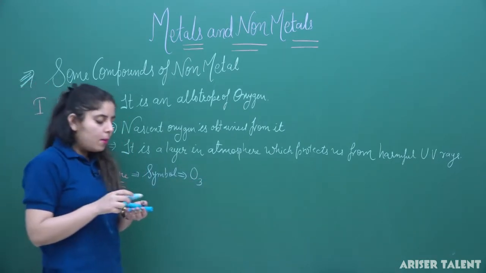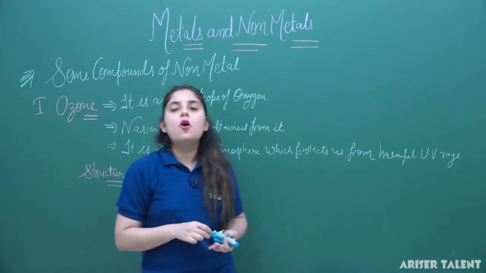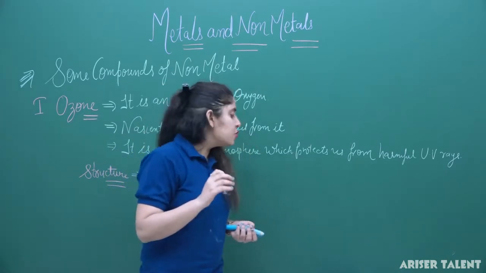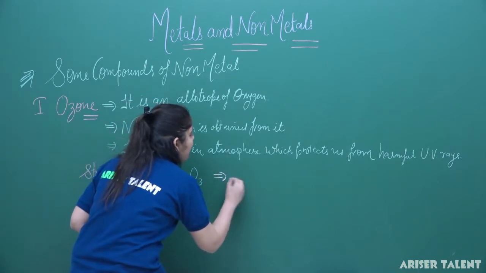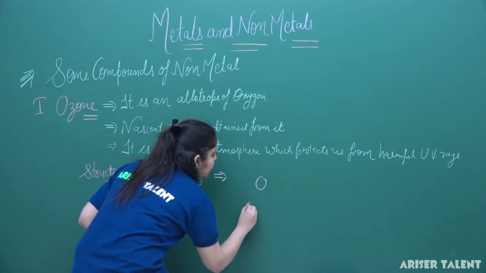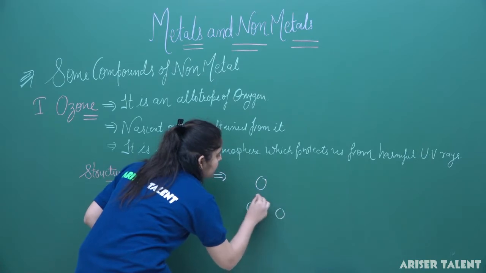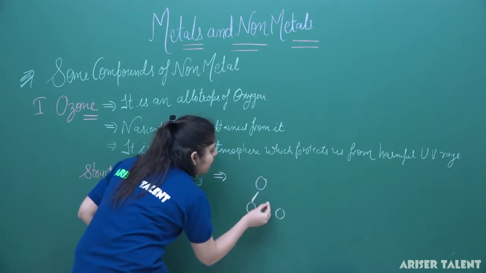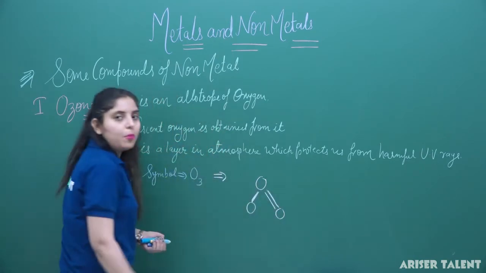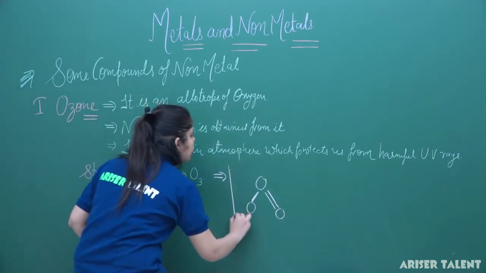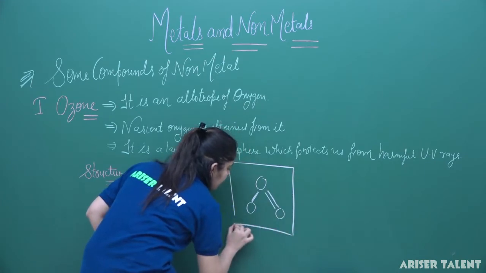It is formed by reacting or oxidizing oxygen: O2 plus O gives O3. Its basic structural formula has 3 oxygens, where one is bonded by a single bond and the 2 oxygen atoms are bonded by a double bond. So this is the basic structural formula for ozone.